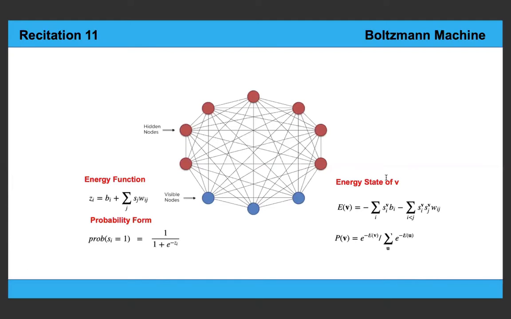The total input to unit i represents the difference in energy depending on whether that unit is off or on, and the unit i occasionally turns on even if z_i is negative, because it is a probability term.